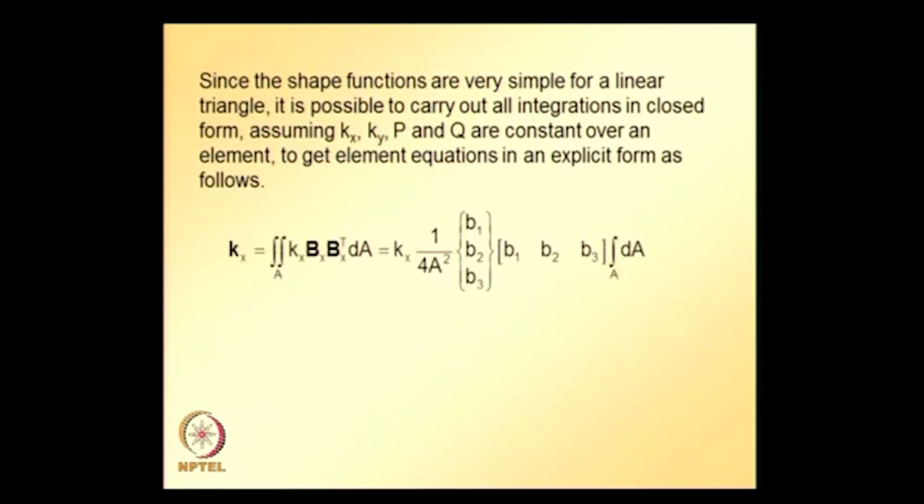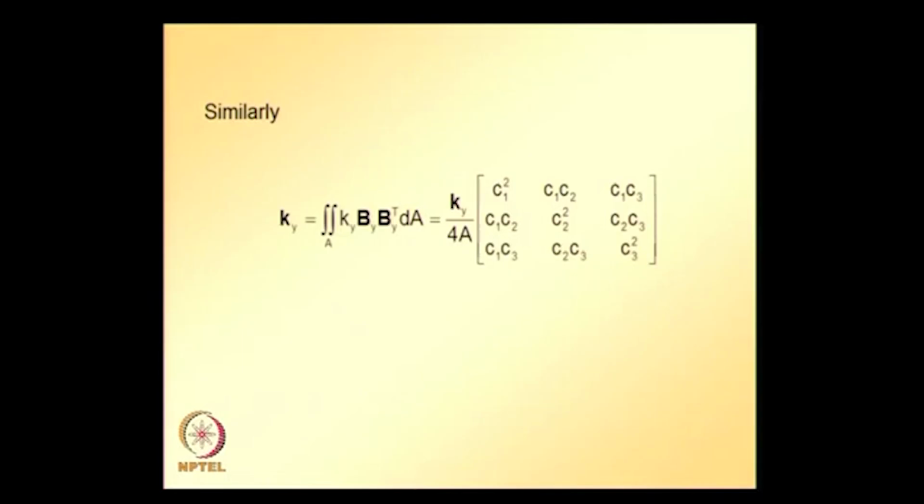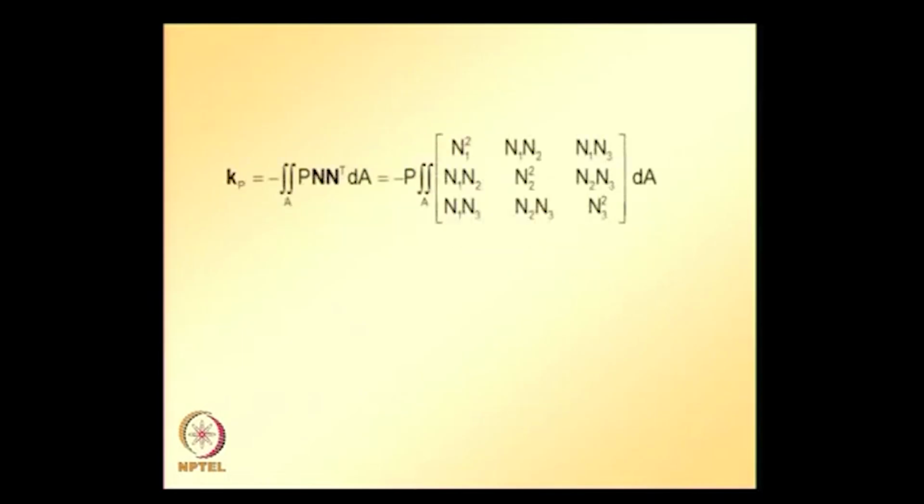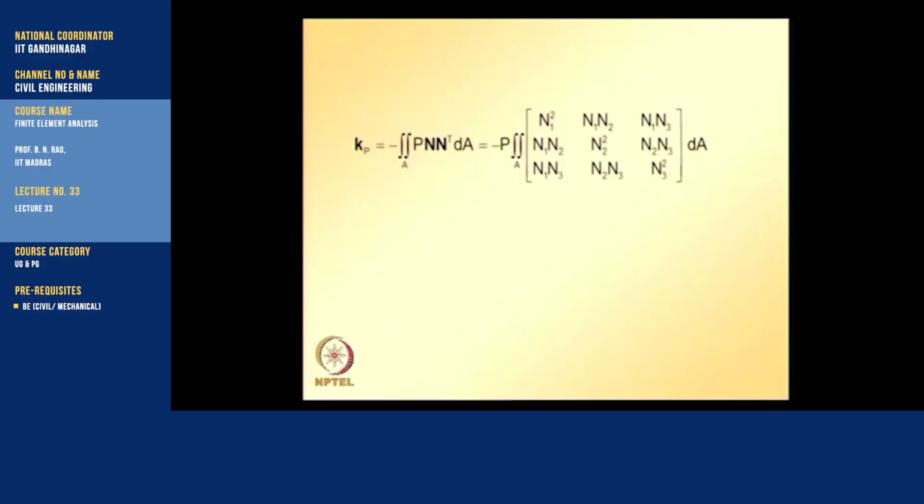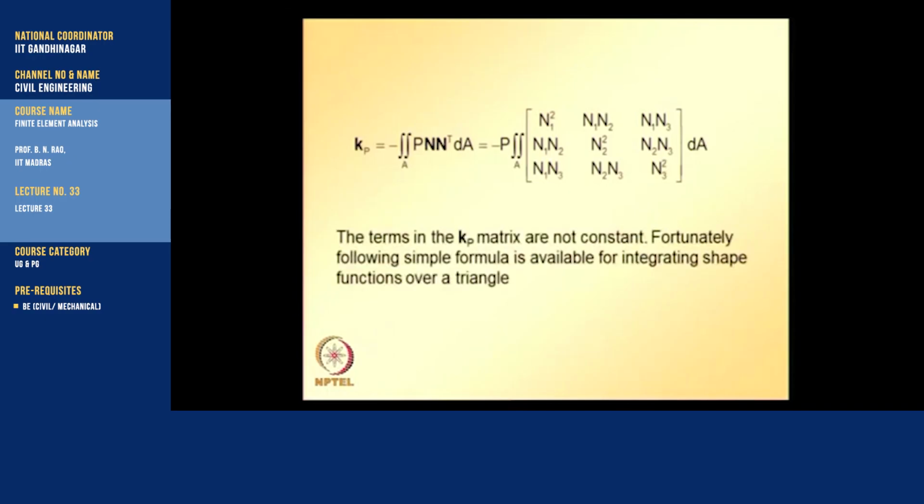So, for the 3-node triangle element, Kx turns out to be this, after multiplication of the two vectors we get this. Similarly, Ky, and Kp. Here, since the components of P are not going to be constant, we need to perform some numerical integration. Terms in the Kp matrix are not constant.